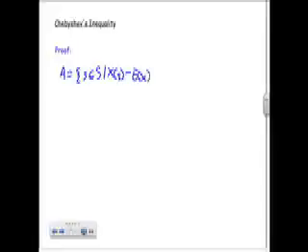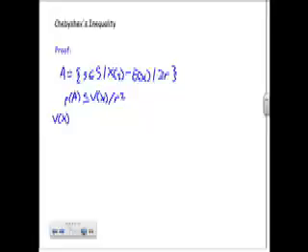To prove this, let A be the event that the absolute value of x(s) minus E(x) is greater than or equal to r. What we want to prove is that the probability of A is less than or equal to the variance of x divided by r squared.